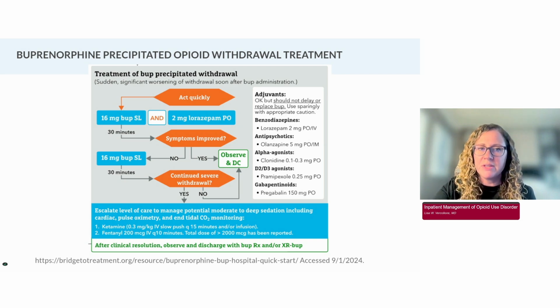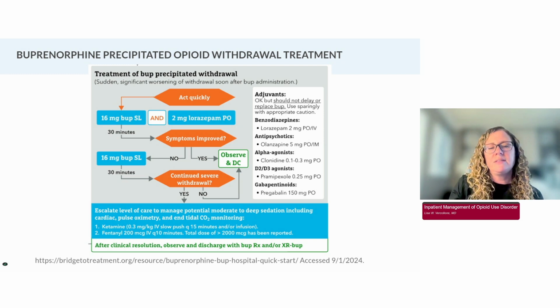So you want to give initially a 16 milligram sublingual dose and a 2 milligram dose of lorazepam. Then you want to monitor for the symptoms. Have they improved? If not, we want to give more buprenorphine, another 16 milligrams. And in addition to that, we do have additional medications that we can consider, such as antipsychotics, alpha agonists, and gabapentin.